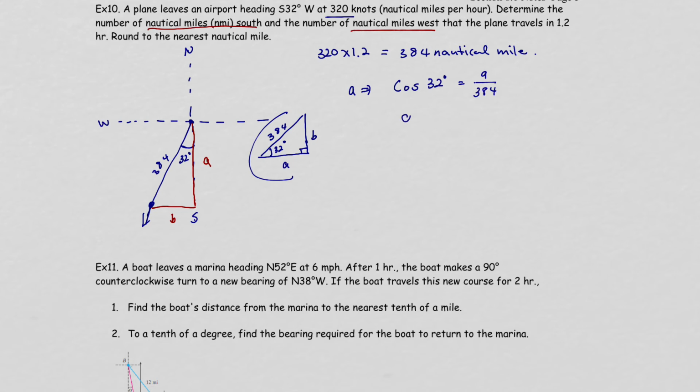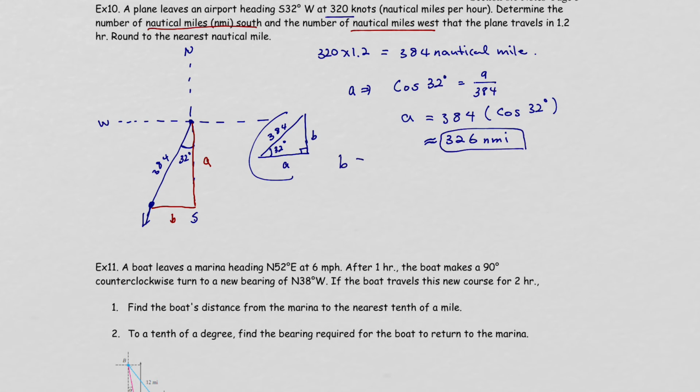In order to find A, you multiply both sides by 384, so A is 384 times cosine 32 degrees. Cosine 32 degrees, we can find from the calculator and multiply by 384. You will get, rounding, 326 nautical miles. So that's the distance going south, right?